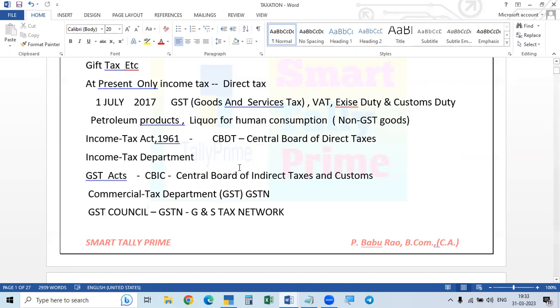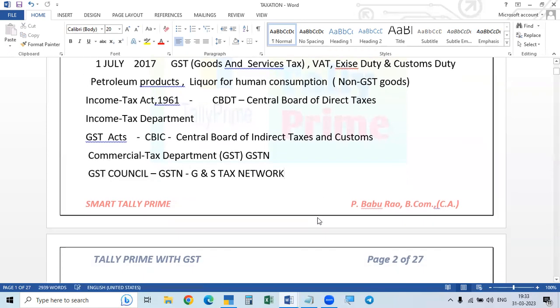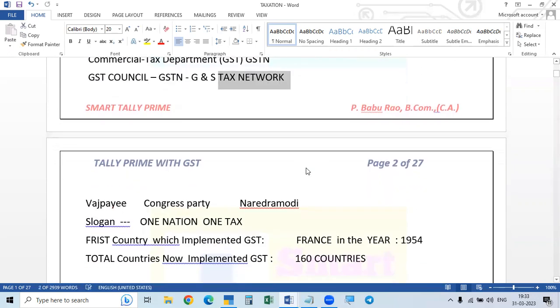After the notification, the changes come into effect. There will be a lot of changes in GST, so we must be apprised of everything. We must have knowledge of every amendment and every updated piece of information. This is done by GSTN, the Goods and Services Tax Network.